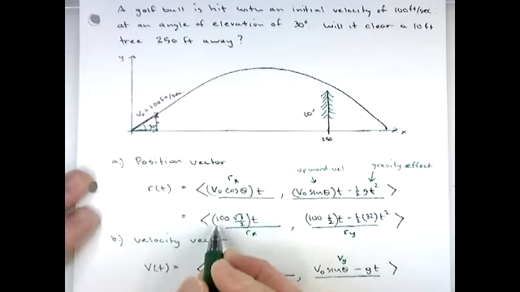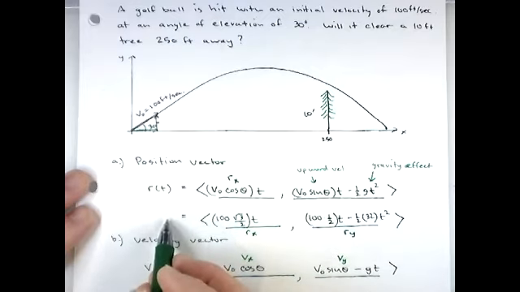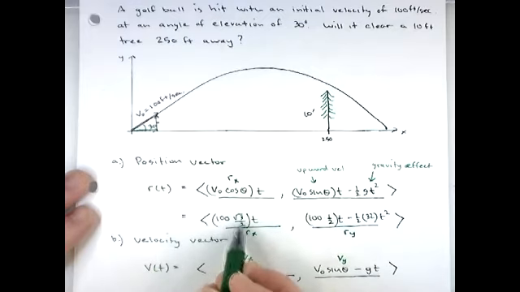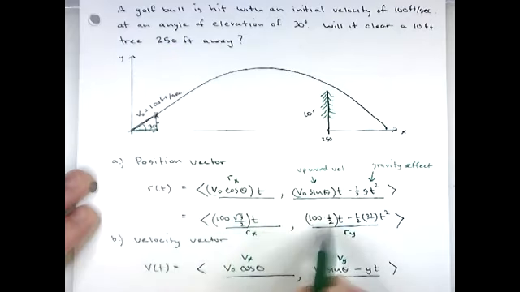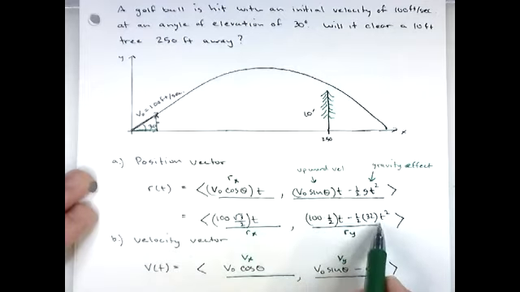Okay, so running the numbers here, our position vector is going to be 100 root 3 over 2, that's the cosine of 30 degrees, times t. The sine of 30 degrees is 1/2. So our Y component of the position is just going to be 50t minus 16t squared.